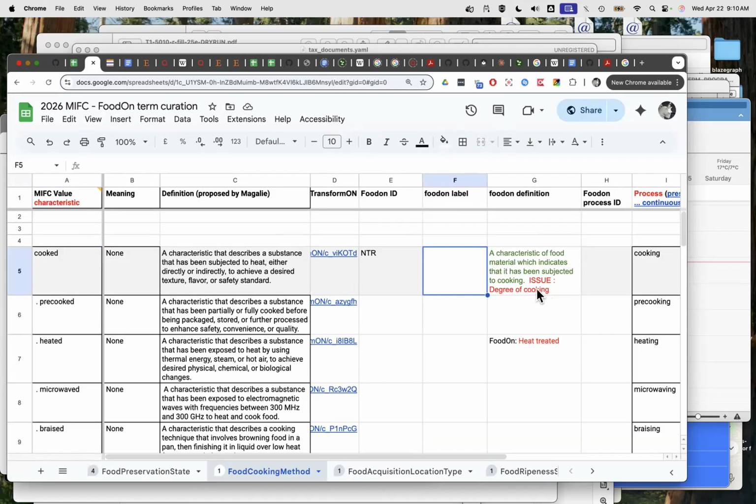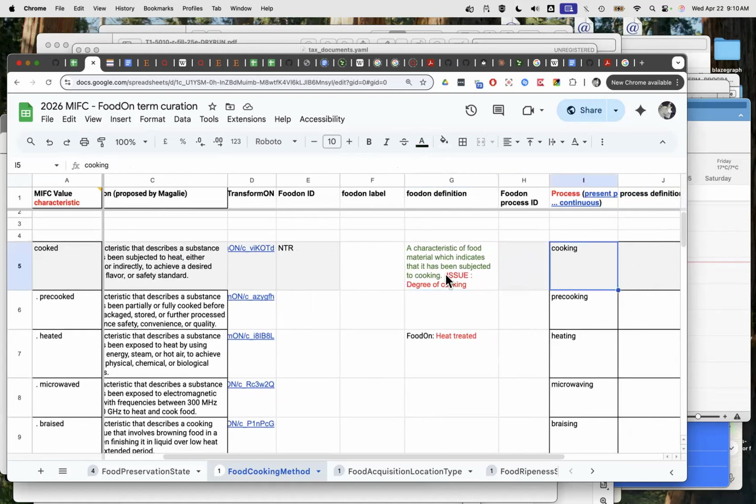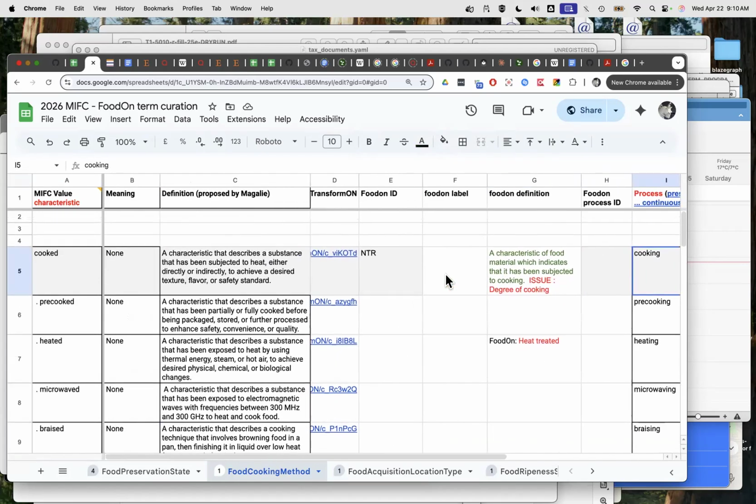Well, no, the cooked term, people have to understand that it can range from a raw steak to a medium rare steak to a fully cooked steak. So there's this idea of interior and exterior of the food. But can't we add some specialization?